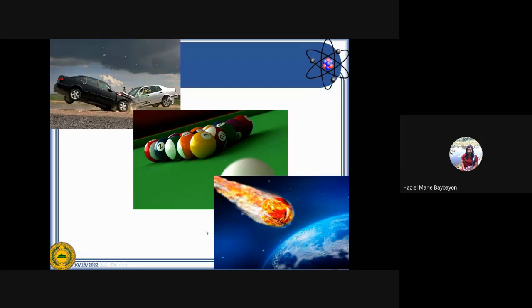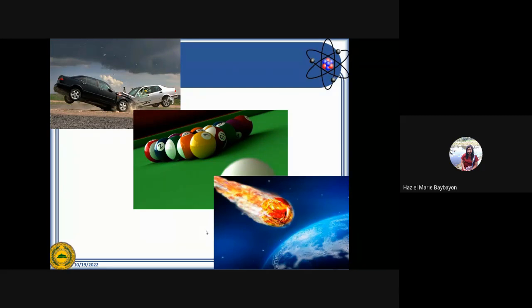Okay, so what happens during collision? Okay, so there are problems also that cannot be described completely using Newton's law. So katong di ba natay F equals ma. Okay. So certain problems cannot be completely described by Newton's laws.